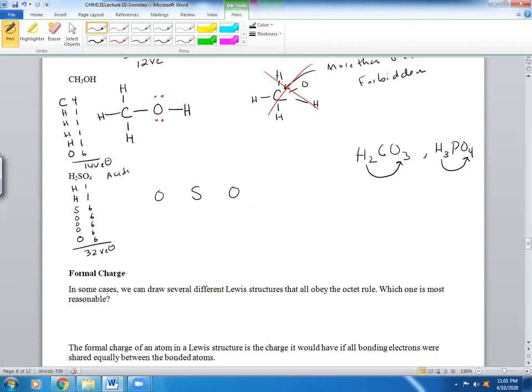They don't belong to the carbon or the phosphorus. Again, they will violate the octet rule. S is going to have more than 8. And that's not allowed, at least at this point.